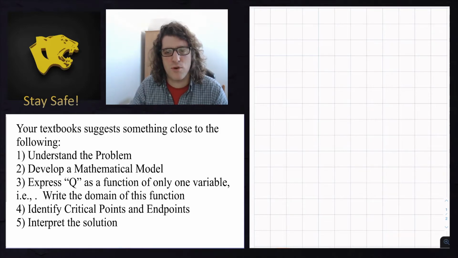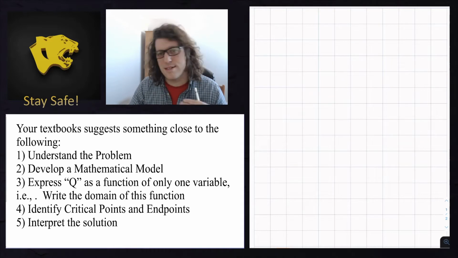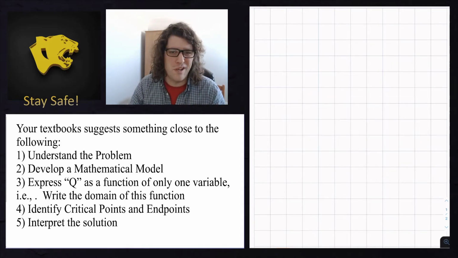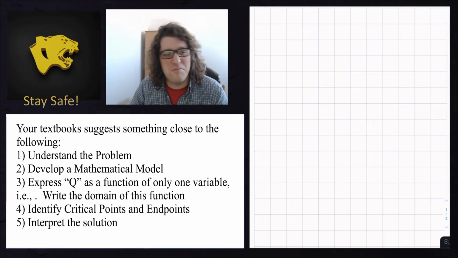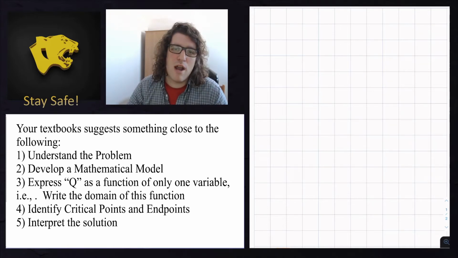So the textbook describes something similar to this anyway, as a list of things that you can do in order to set up an optimization problem. First one's pretty self-explanatory and kind of weird that you put that down, but understand the problem. So what I mean by that is, like I was just saying with the box example, you need to be able to describe to yourself mostly, but other people would be fine too, in words what it is that you're trying to find.